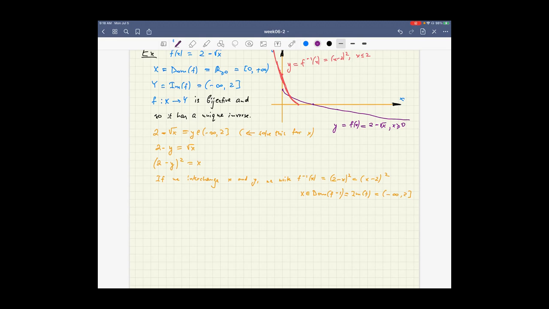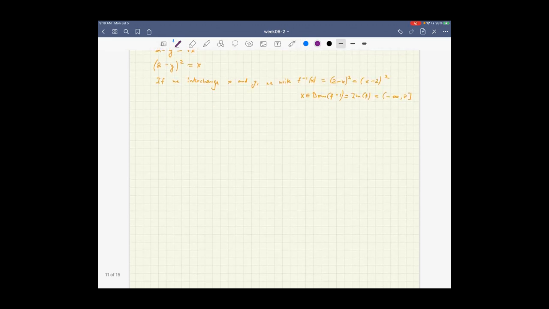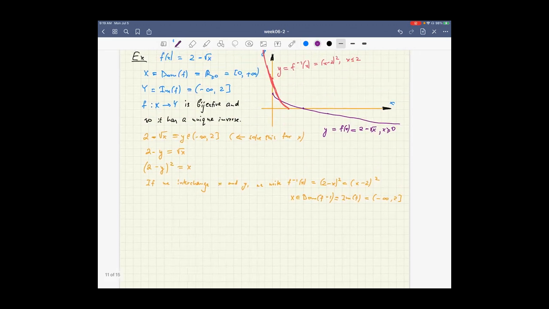Once your function is both injective and surjective, it will have a unique inverse. All right, this example is finished.